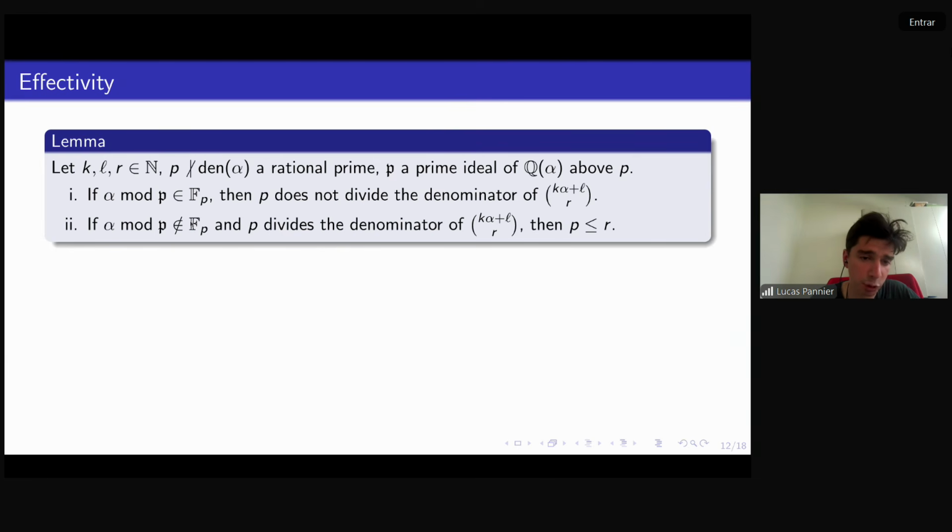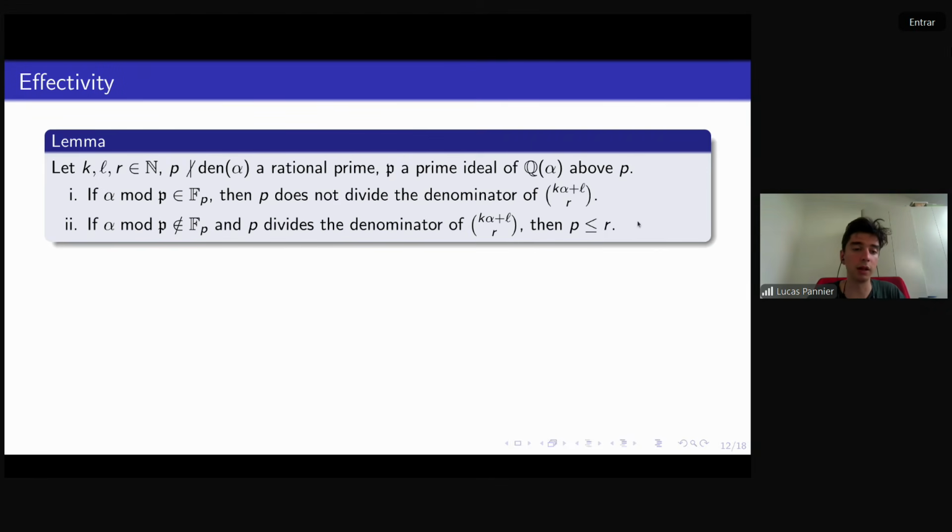However, if alpha mod P is not in F_p and p divides this denominator, then we know that p is smaller than r. So what this lemma tells us is that the denominator of this binomial coefficient consists of primes dividing the denominator of alpha and primes smaller than r such that alpha mod P is not in F_p.